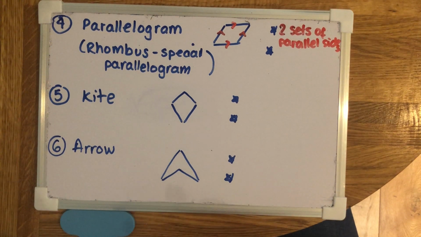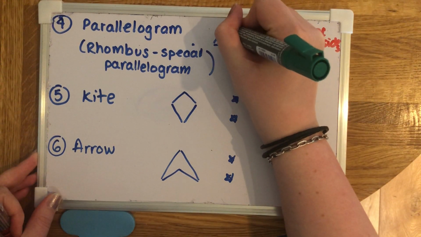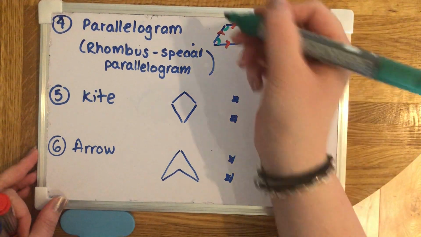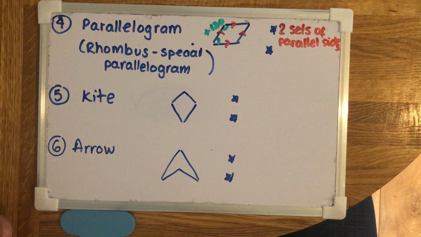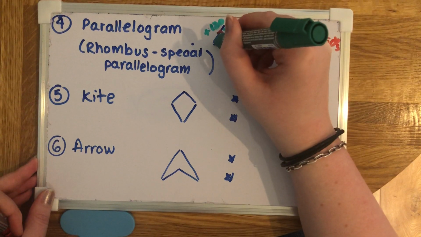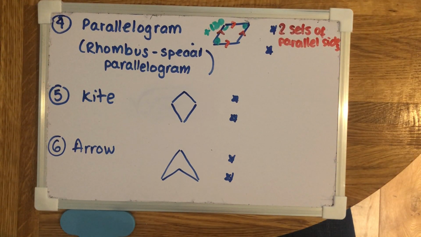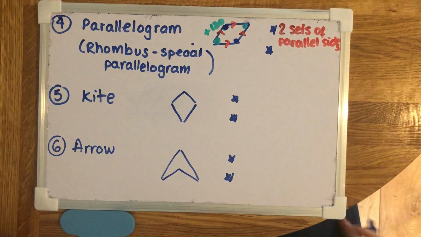Now because of that as well, if we're thinking about the angles now, it's got the similar rule to before with the trapezium, where these two angles here will add up to 180. But also the opposite angles are the same. So this angle here is the same as that angle there, and this angle here is the same as this angle here.